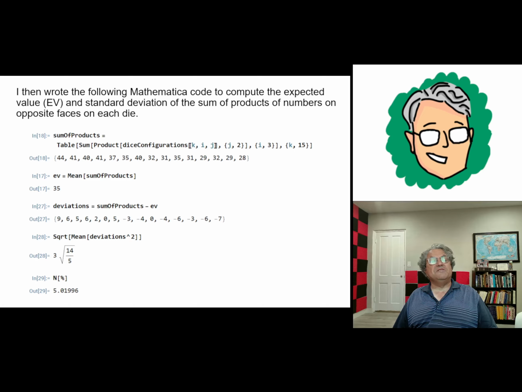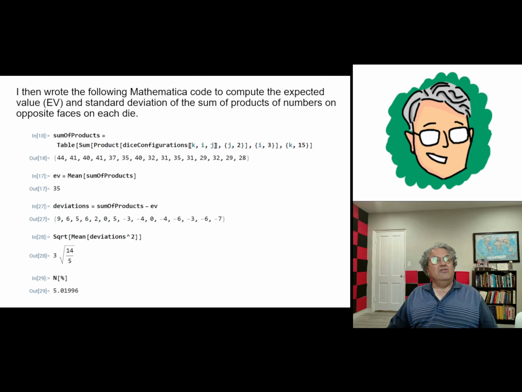The first thing I did was I calculated the deviations from the mean of each of these 15 values of the sums of the products. If it's positive, that just means that it's bigger than the mean, bigger than the expected value. And you can see that the first value, which is the biggest, 44, is 9 bigger than the mean. And the last one, 28, is 7 below the mean.